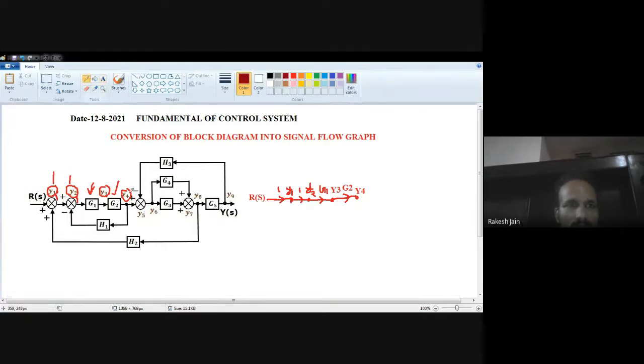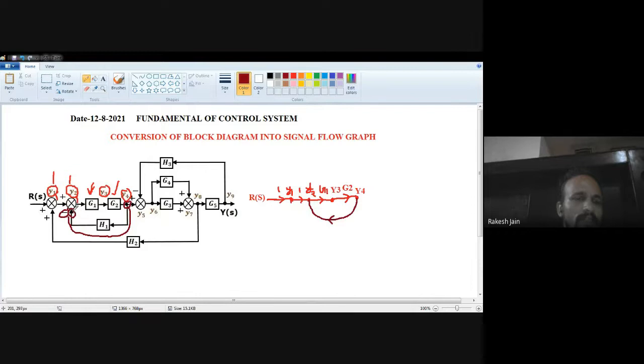This one is your y4 node, and from this y4 node again h1 goes with a negative sign, so the gain is minus h1. So this is minus h1 going into y2. Similarly in this diagram, from the y4 node a gain goes to the y2 node with an arrow from the right hand side towards the left hand side, depending on the direction of the arrow given.